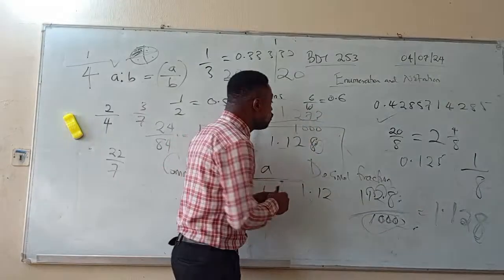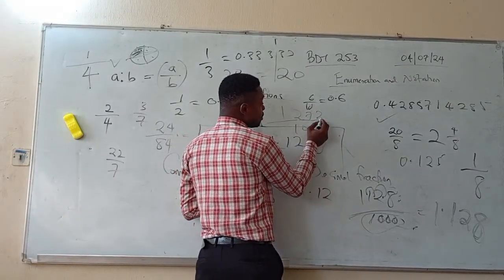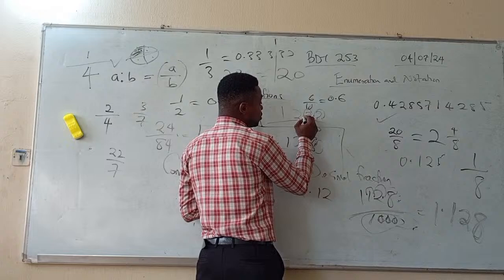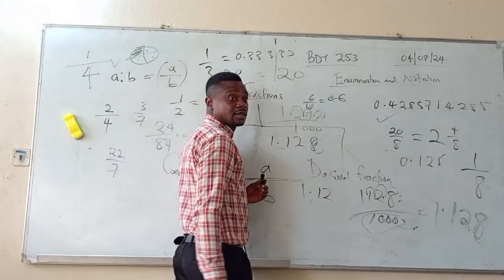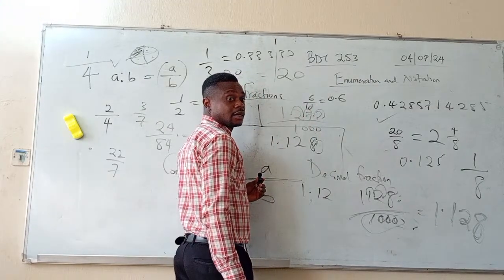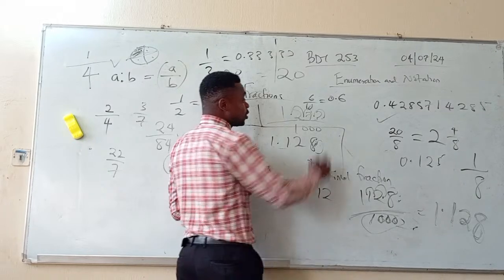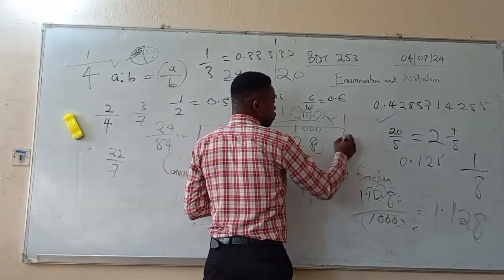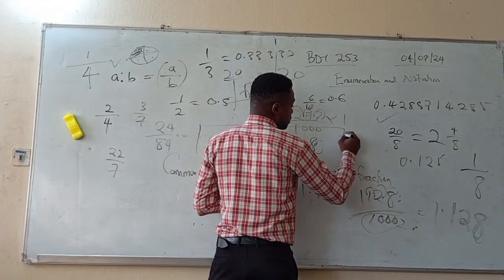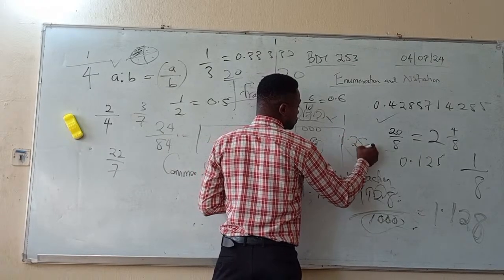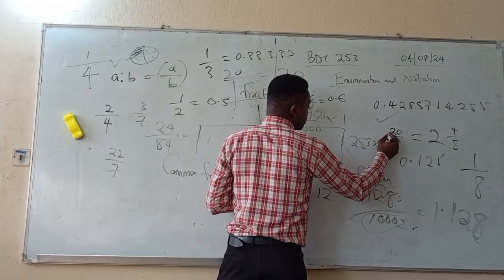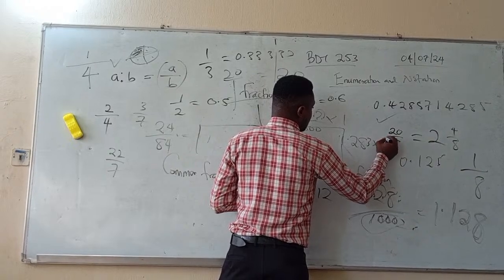You just move the decimal point from here to here to here to here. So it becomes 1.273 times 10 to the power what? Minus 3, right?